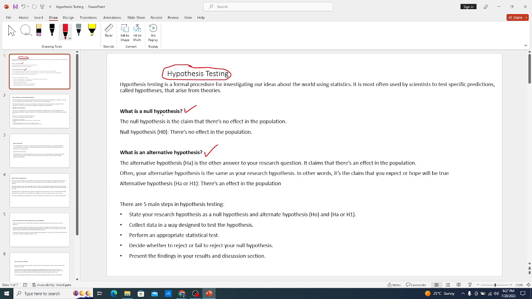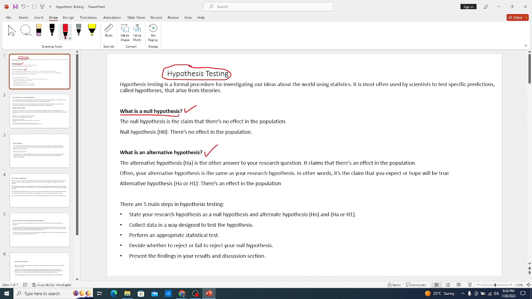The null hypothesis always tries to show there is no significant difference or effect within your study.